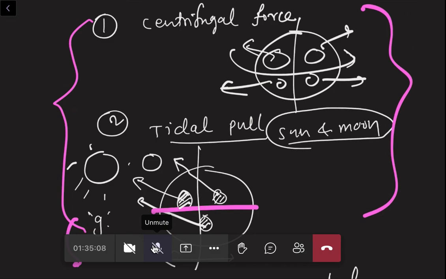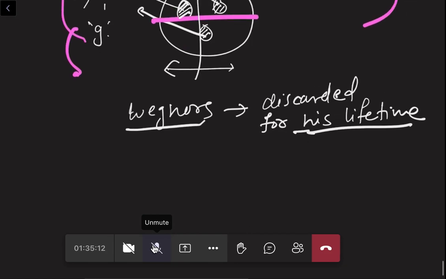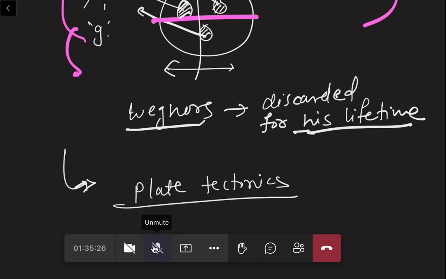But later on, a new theory emerged, which we will see tomorrow in great detail, that Wegener's theory gave the bedrock, the base, for the new theory called plate tectonics. Wegener's ideas are relevant even today.